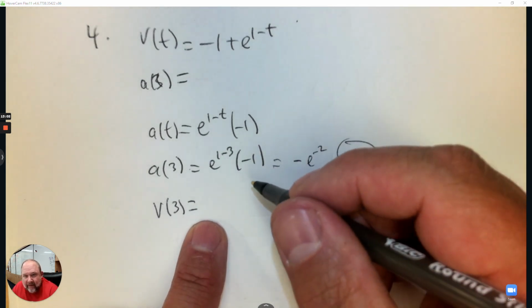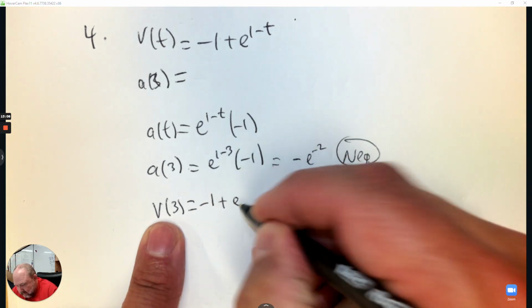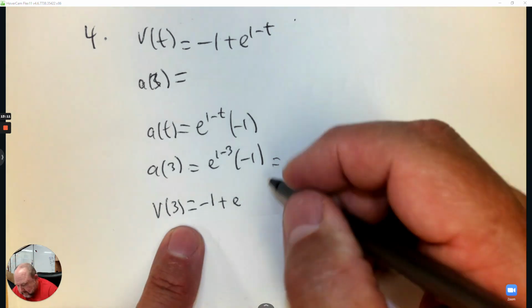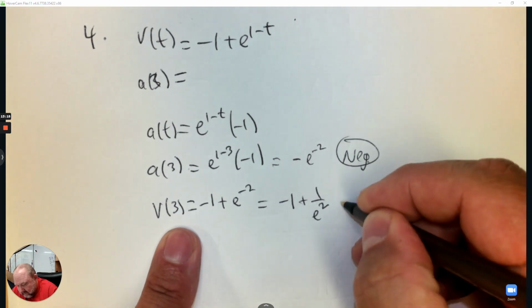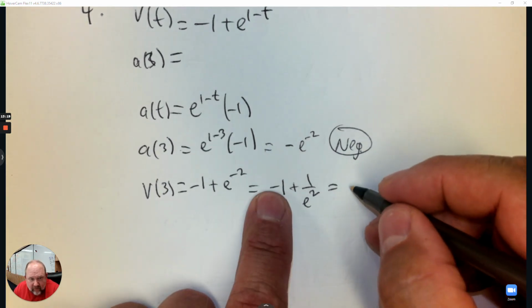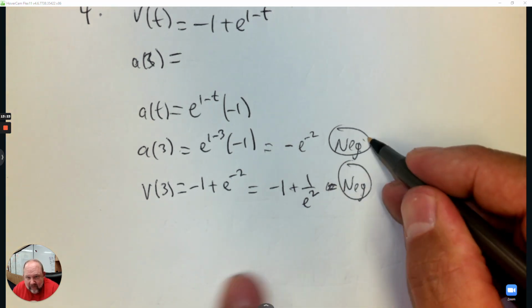So the velocity, plug in again, 1 take away 3. So if I went -1 plus this, that's a fraction that's smaller than 1. So this is also a negative answer. So see how they match?